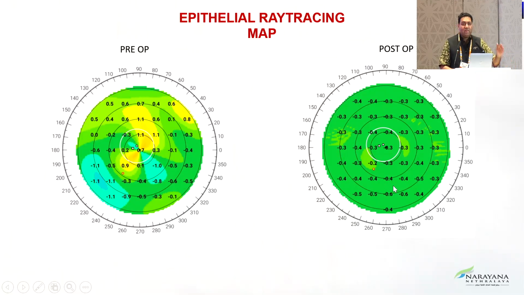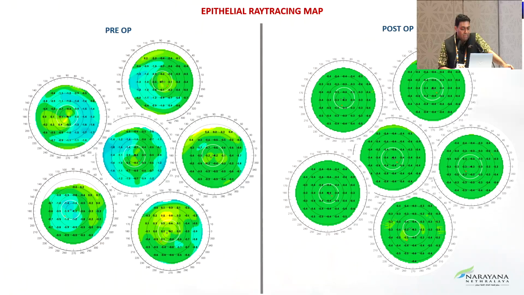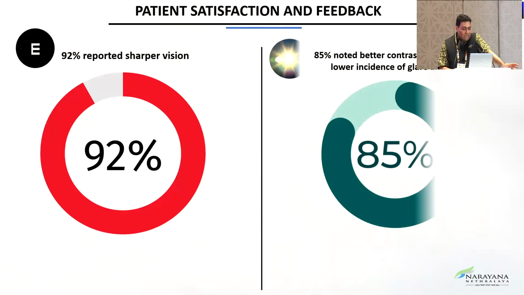So that means that there is definitely some role of creating a more gradient change on your epithelium. And there are a few epithelial maps. The blues are the ones where your refractive change is a 1.4 diopter ray tracing refraction on an epithelium compared to the surrounding. So you can see that there is so much change happening, which can be corrected.